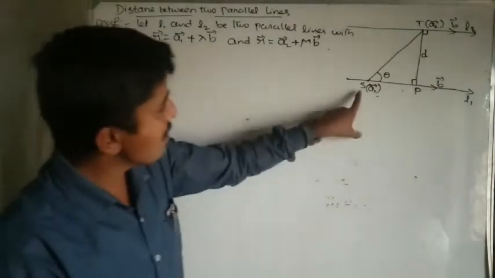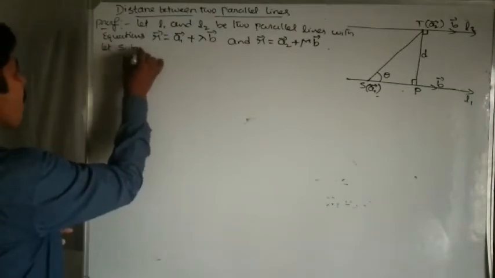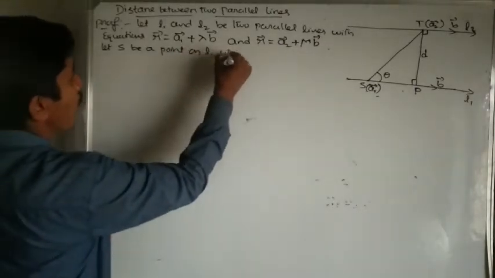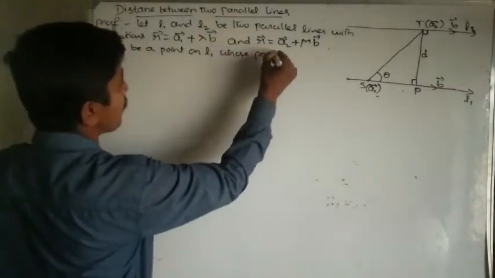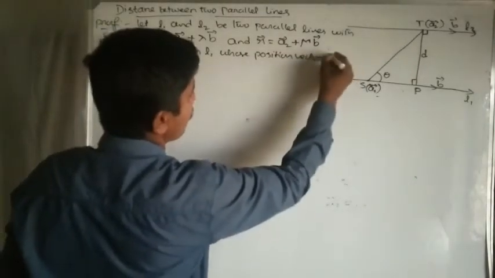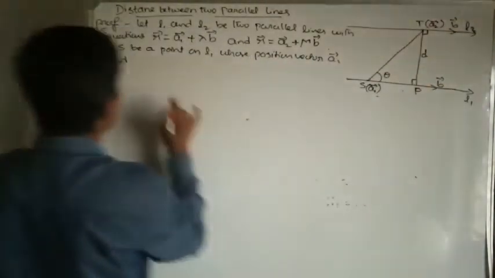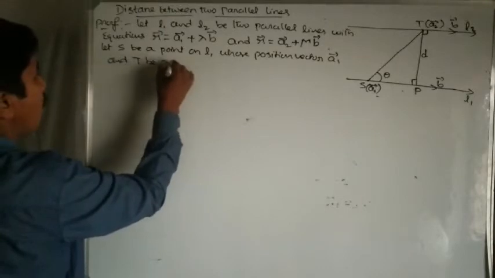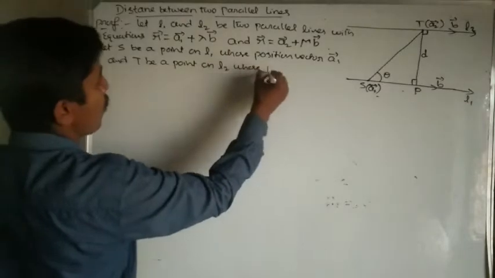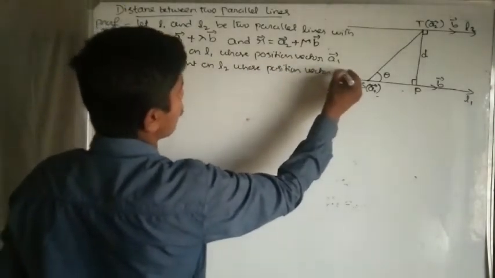Here S is a point on the line L1. Let S be a point on line L1 whose position vector is A1, and T be a point on L2 whose position vector is vector A2.